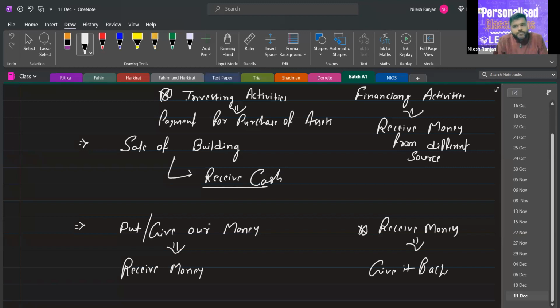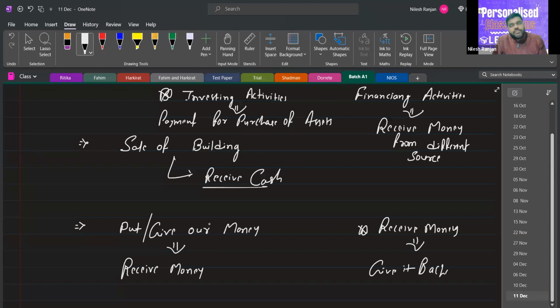What should the activity name be here? Financing activity. Buyback of shares means first we have to issue our shares, then we can buy back. So first we will receive money, then we have to pay it. If we are going to buy back shares, we have to pay money, but first we received it. So yes, it is financing activities.